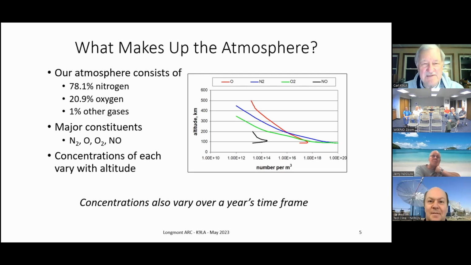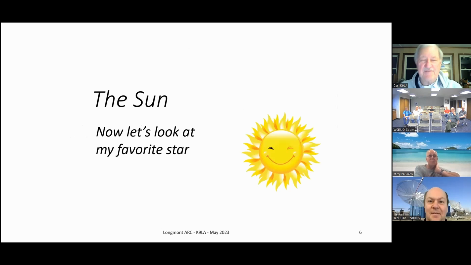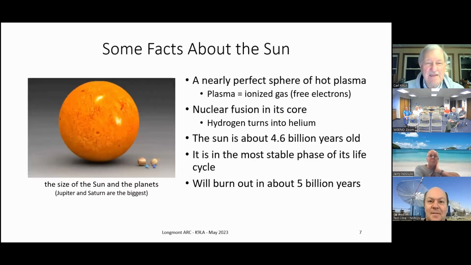And that leads us into the sun, which of course is my favorite star. And here's some very basic facts. On the left is an image of the sun compared to the size of the planets. You can see the sun really swamps Jupiter and Saturn, and all the other ones are even smaller.